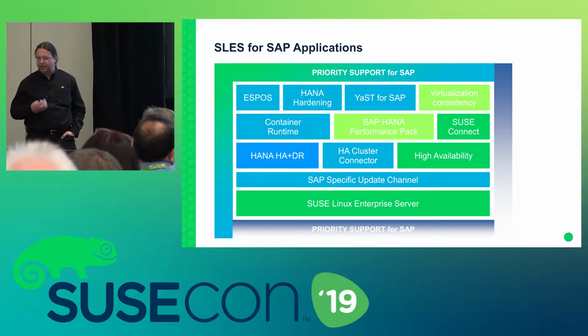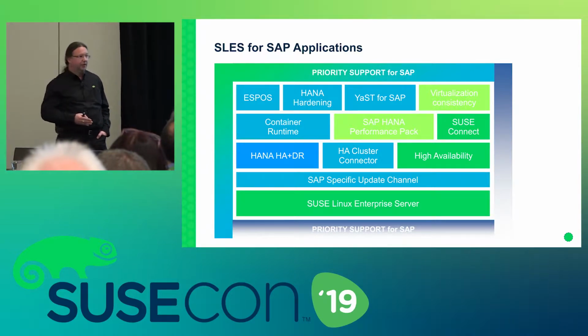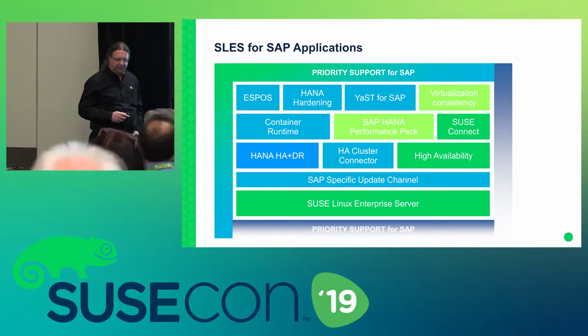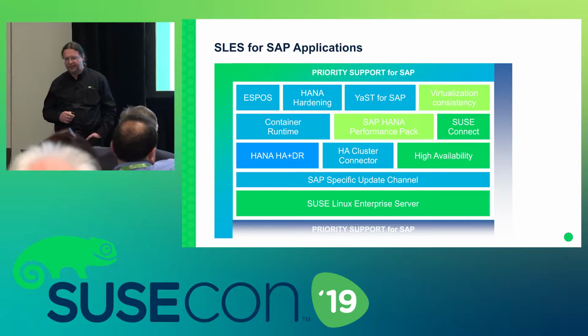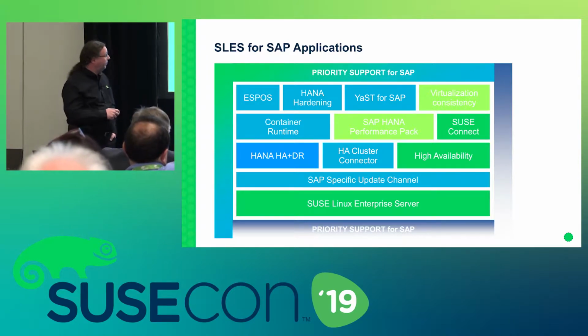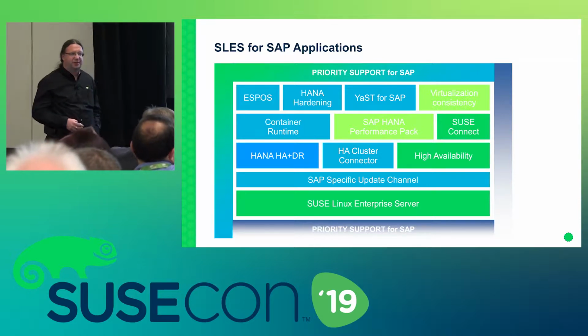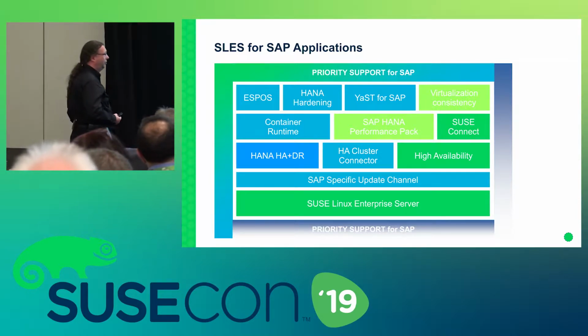container-based workloads running on top of an existing SLES for SAP installation. I'm not talking Kubernetes, just to draw that line there, but it's, again, very simple to just get the container-based workloads enabled. There is a HANA performance pack as part of the product. SUSE Connect is something that we have had in the product for a while.